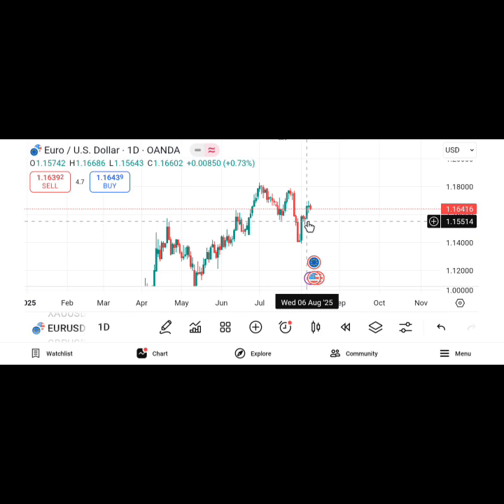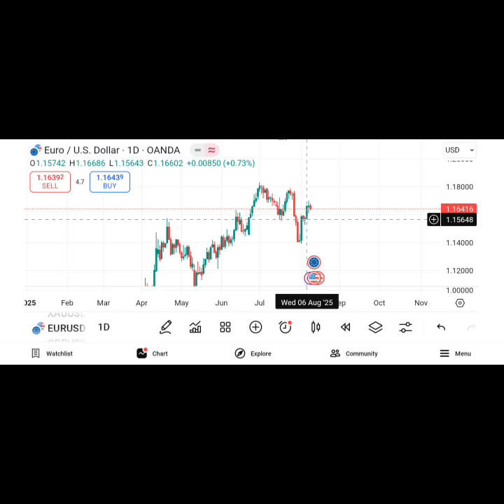Then the highest EUR/USD traded to as at 6th of August 2025 was 1.16686, and the lowest is 1.115643. Then we have the close at 1.11602. So that is the four things each candlestick shows us: the open, the high, the low, and close of each day.